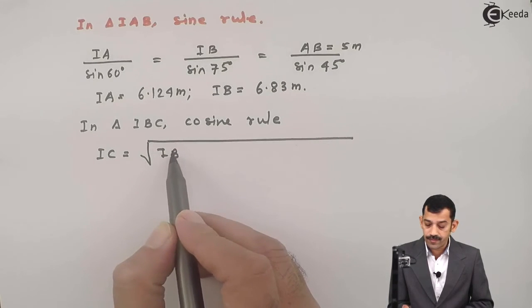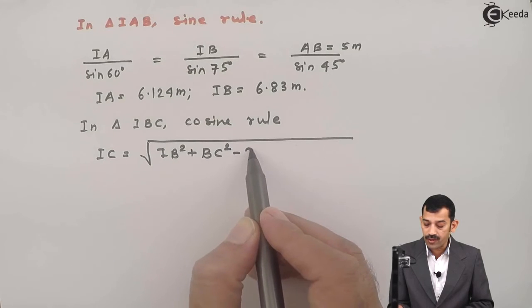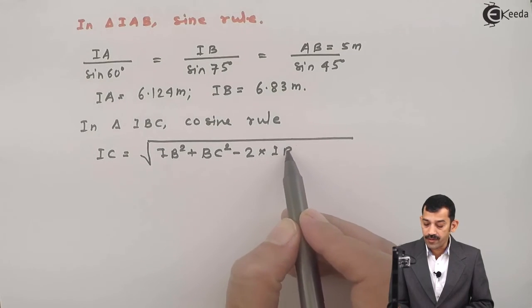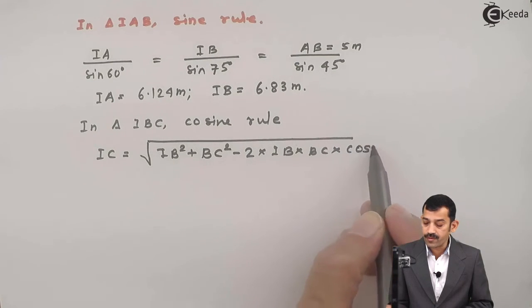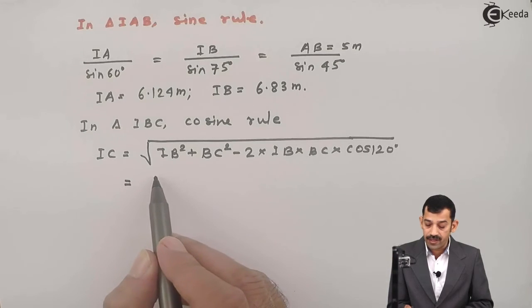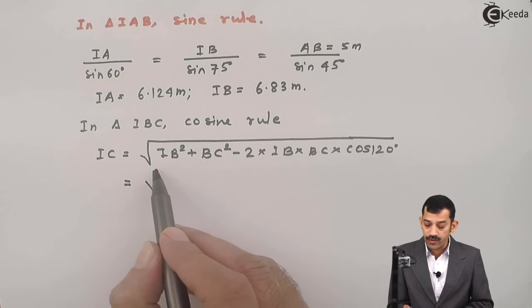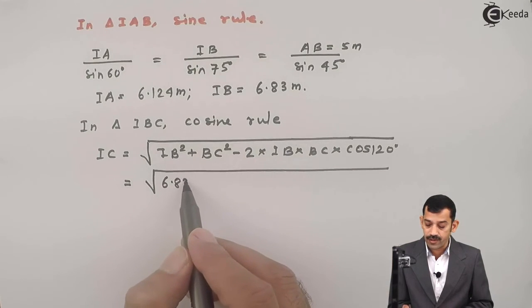Therefore IC equal to square root of IB square plus BC square minus 2 times IB into BC into cos of 120 degree. Length IB you have calculated just now, it is equal to 6.83 meters. That means this is 6.83 square.